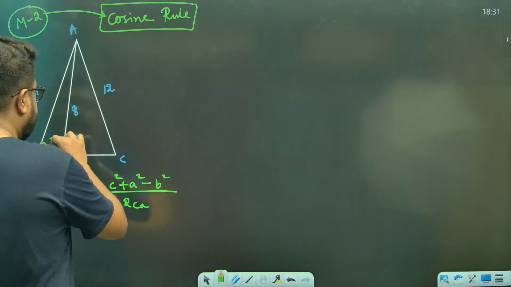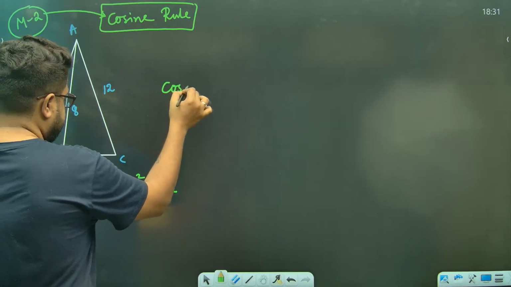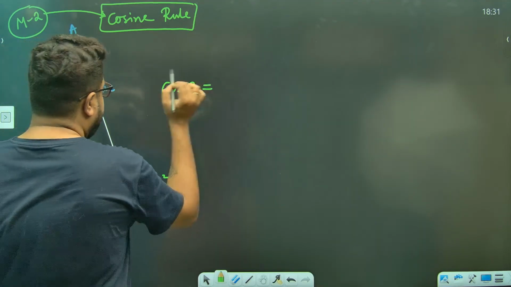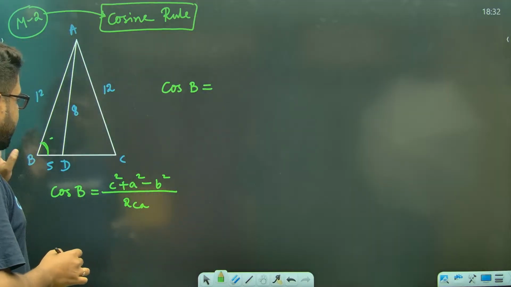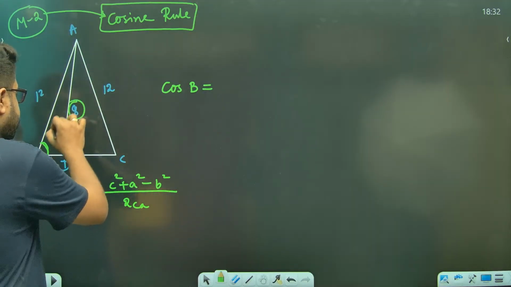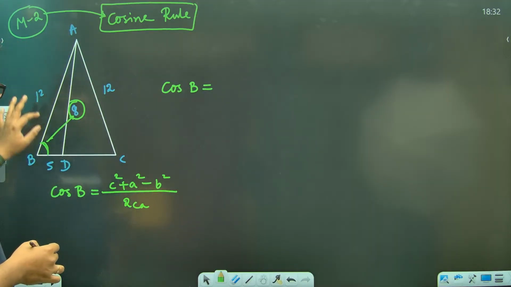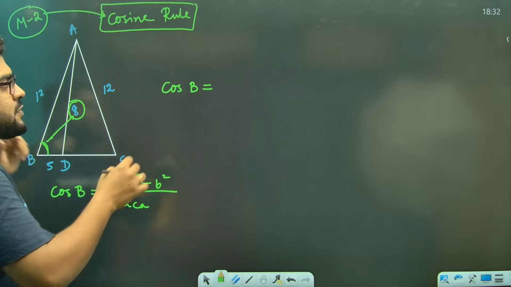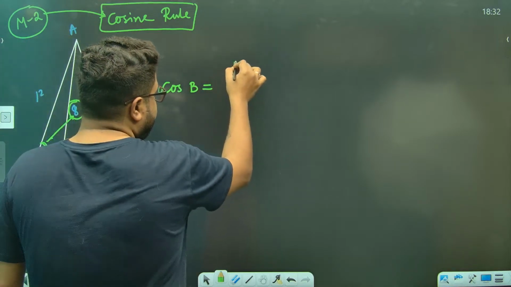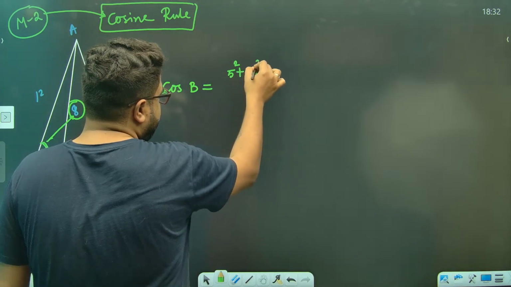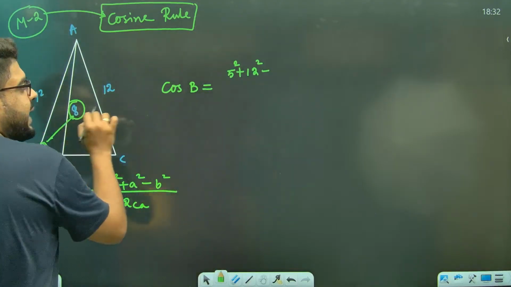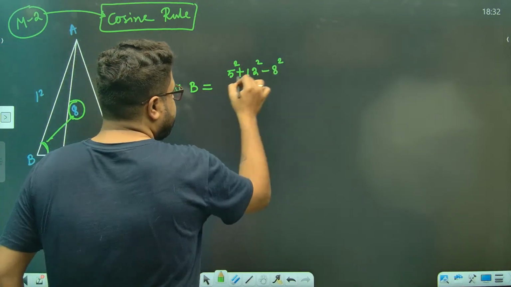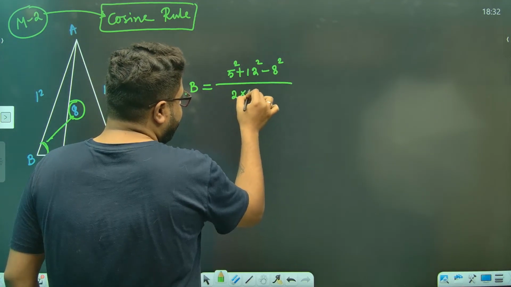So I'll write cos B equal to, obviously B is opposite to this angle, so the other two are C and A. So 5 square plus 12 square minus 8 square, divided by 2 into 5 into 12.